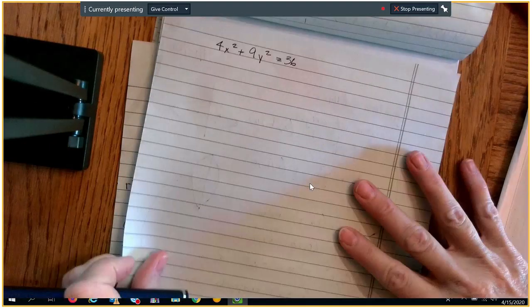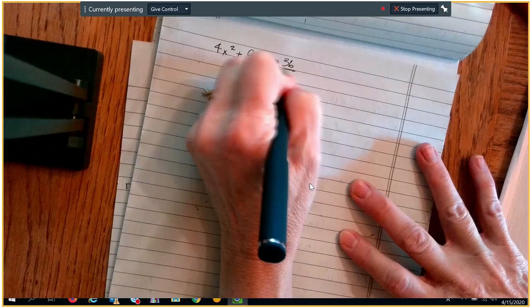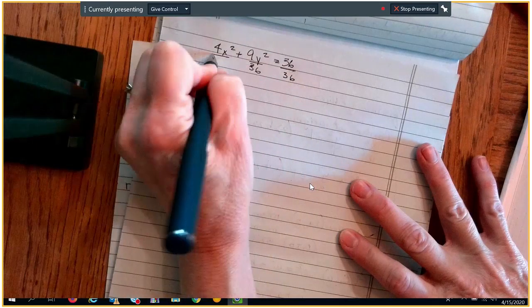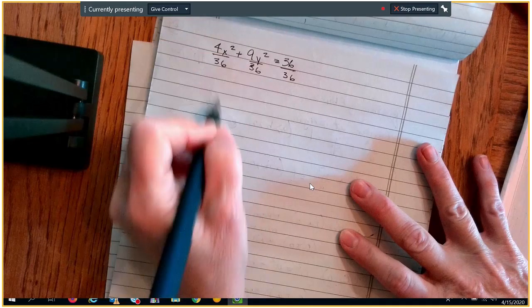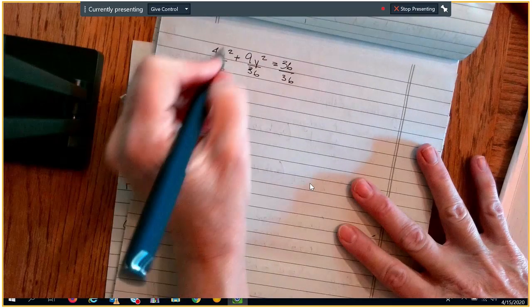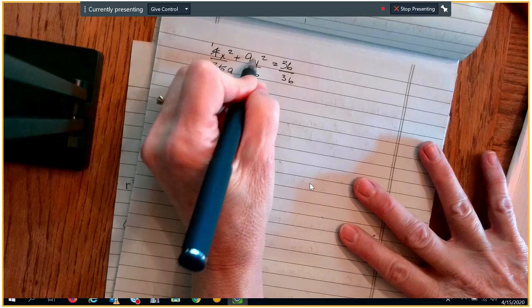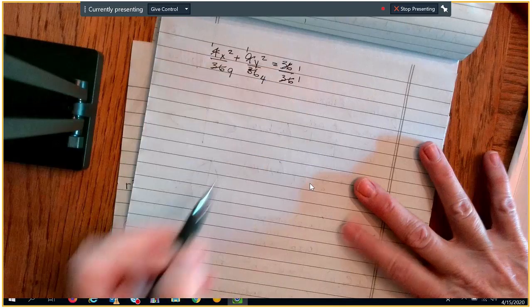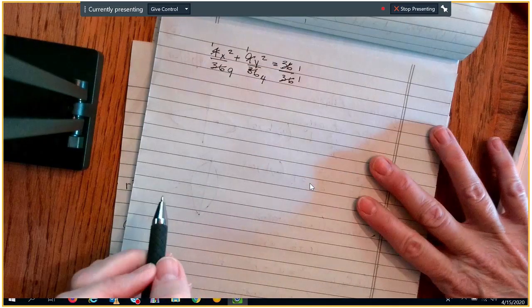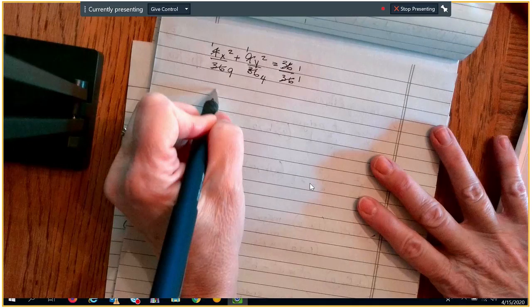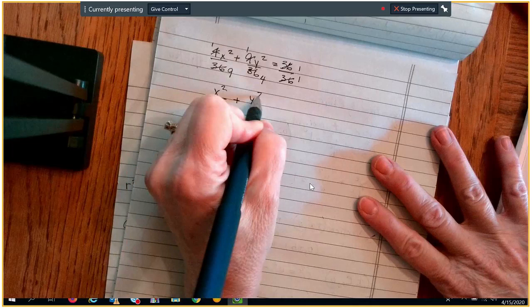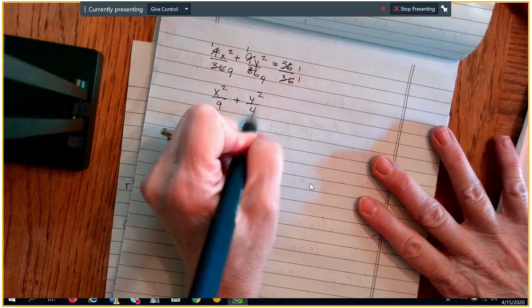So to get this to equal 1, I'm actually going to divide everything by 36. So I divide each term by 36. And we know that 4 goes into 36 9 times, 9 goes into 36 4 times, and 36 goes into 36 1 time. So then I'm left with x squared over 9 plus y squared over 4 equals 1.